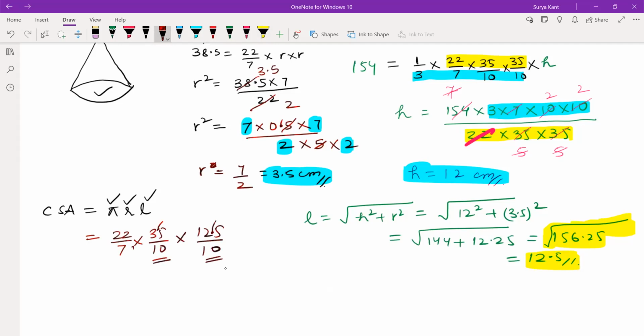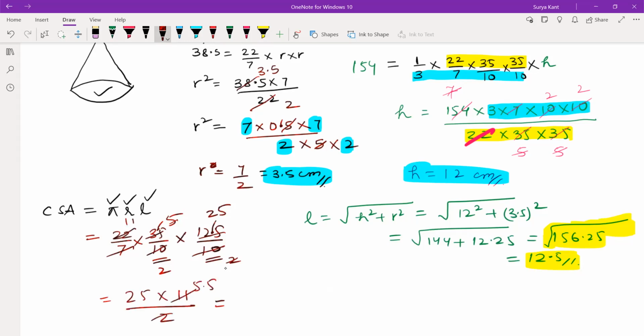So now next, 7 5s are 35. Again 5 2s are 10. Again 5 2s are 10. And 25 5s are right. 2 11. So now 25 into 11, or you can write 25 into 11 divided by 2, that is 5.5.